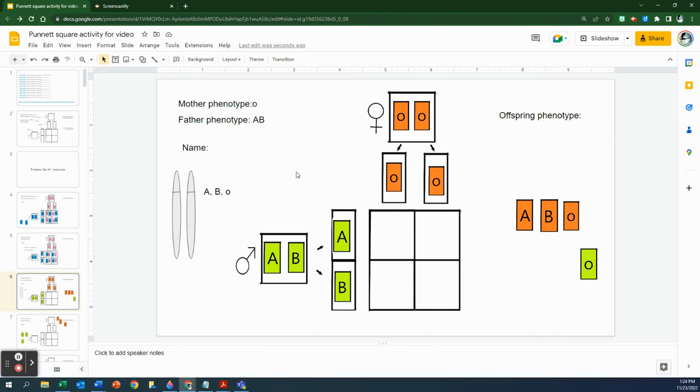In the case of the A blood type, the gene for A basically plants an A flag on the outside of the red blood cell. And the B plants a B flag on the outside of the red blood cell. And the O gene plants no flag on the outside of the red blood cell. This is why O is recessive, because O is the absence of a flag.